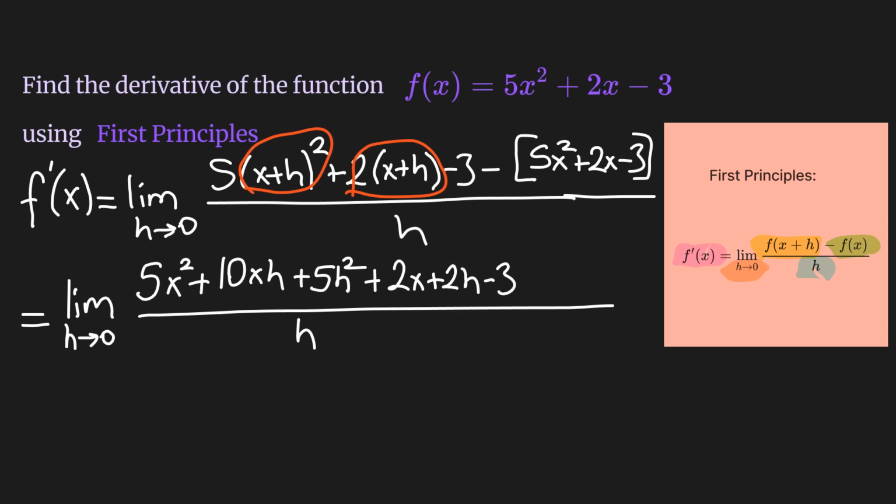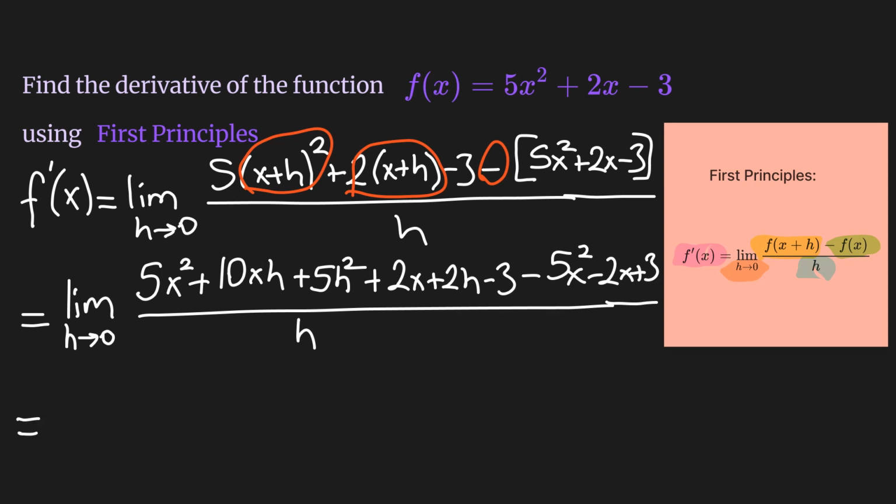And here, a negative sign outside parentheses can be understood as the coefficient -1. I am using the distributive property to remove parentheses. Minus 5x squared minus 2x and plus 3.